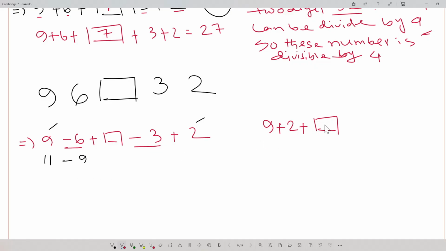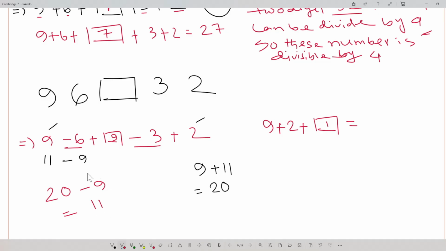If we put 1, it will be 9 plus 2 plus 1 is 13, but here is already minus 9. So we have to find how it becomes a difference of 11. So 9 plus 11 will be 20, right? So we should put 9 here. So 9 plus 9 is 18 plus 2 is 20, and minus 6 minus 3 will be minus 9. So the answer is 11.